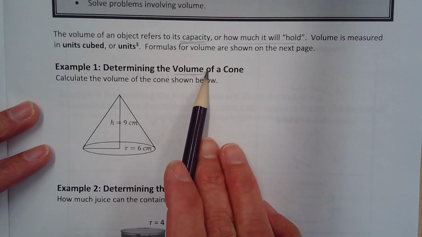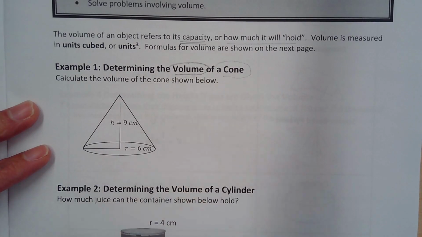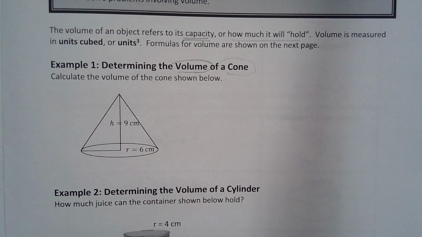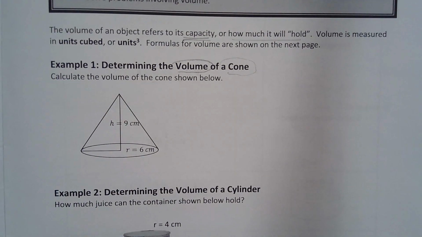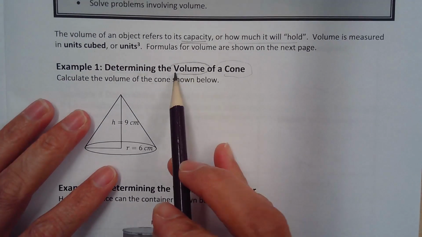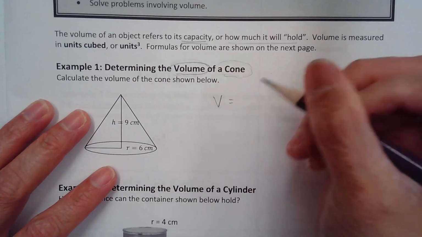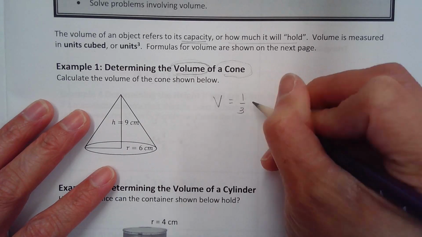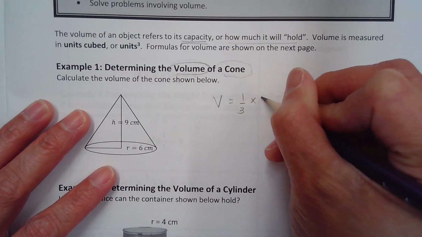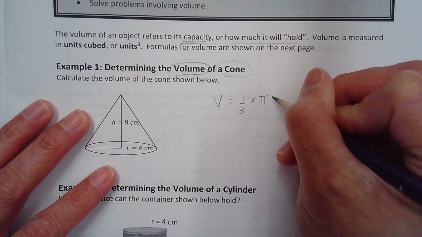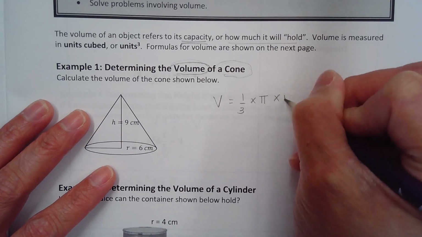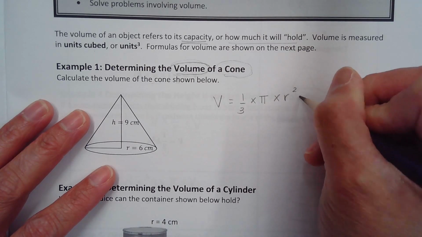Okay, volume, cone. Because we're talking about figuring out the volume of the cone, we're going to look at the volume formula of the cone. So, V is equal to 1/3 times pi times r squared times height.